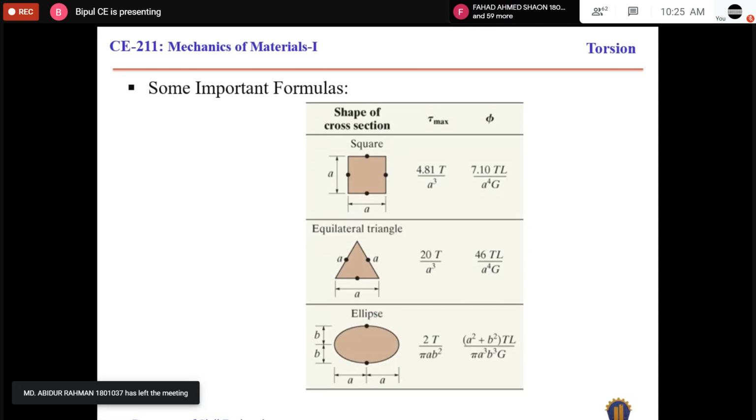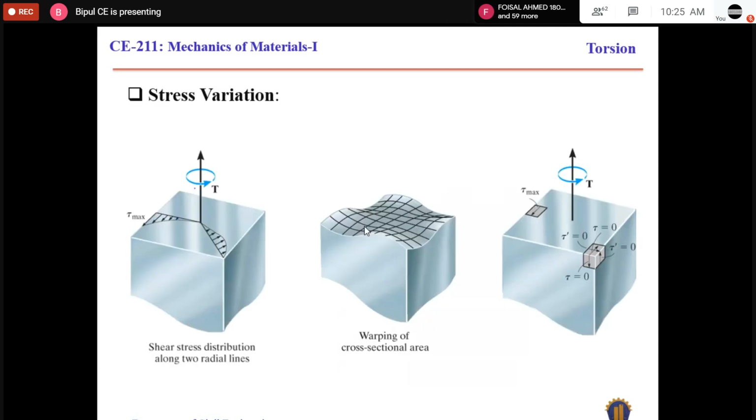And this table shows some equation of maximum stress and angle of twist for some specific cross-sectional area. So look at this figure. This figure shows that the maximum shear stress will be developed close to the axis of rotation. This is the axis of rotation. So maximum shear stress will be developed close to the point of axis of rotation.